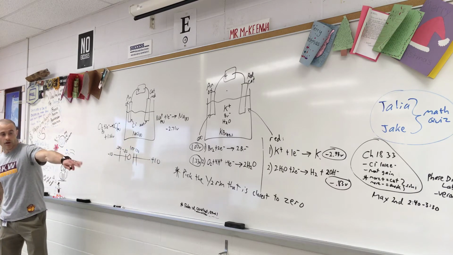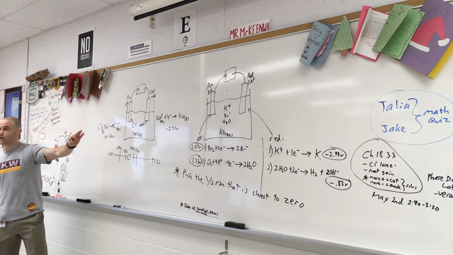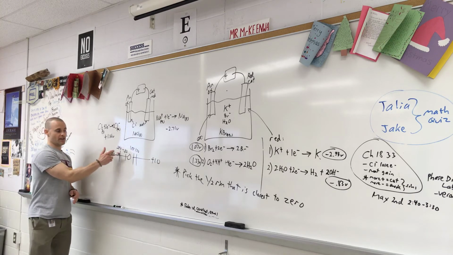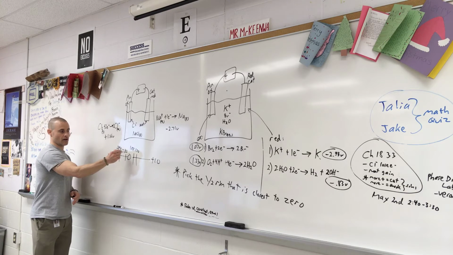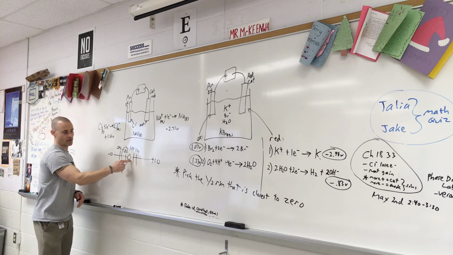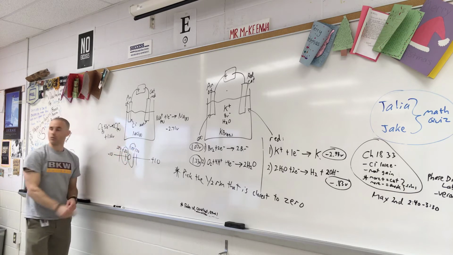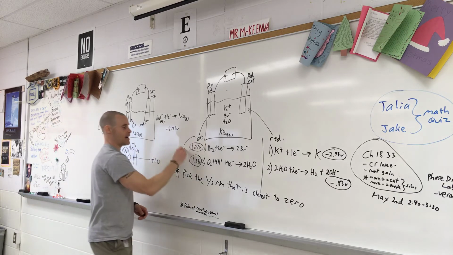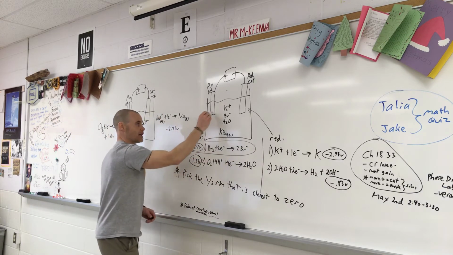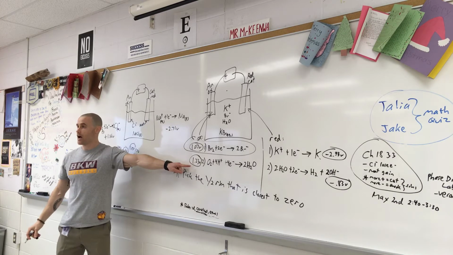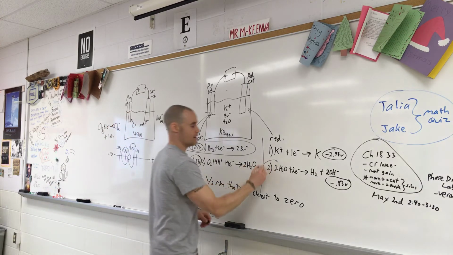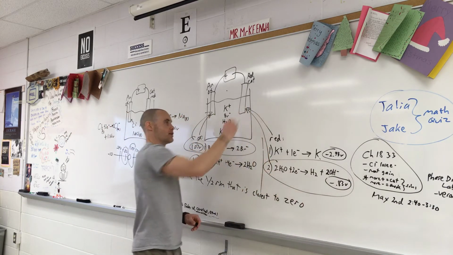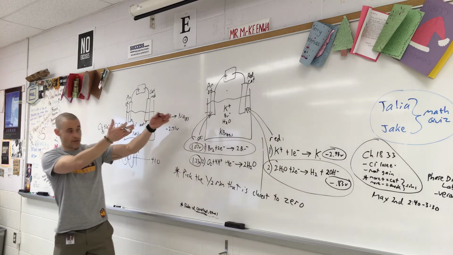So what my little note there says clears this all up. Which of these two is closest to a zero? It's this one. Which of these two is closest to a zero? It's this one. So this is the half reaction that actually occurs. This one never happens. And then this is the half reaction that actually occurs in real life if you were to do this.